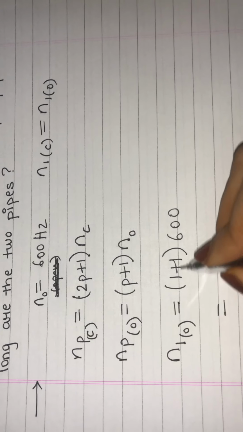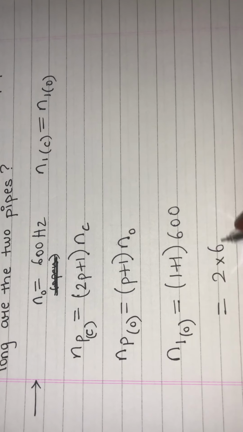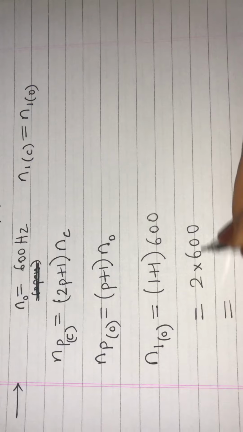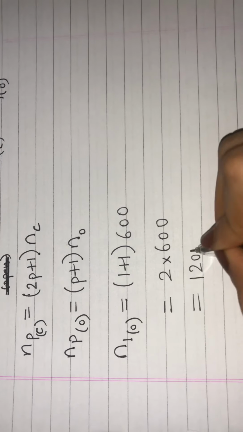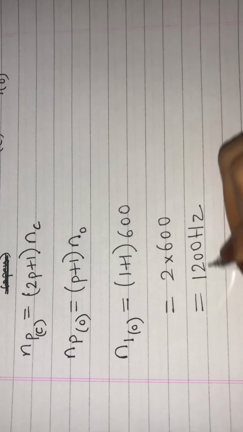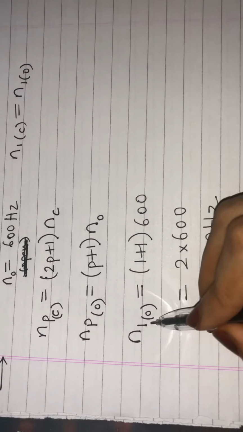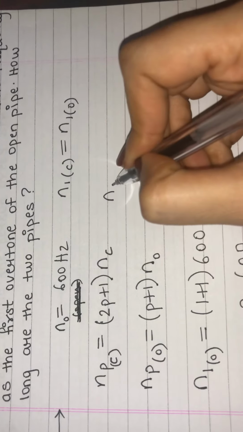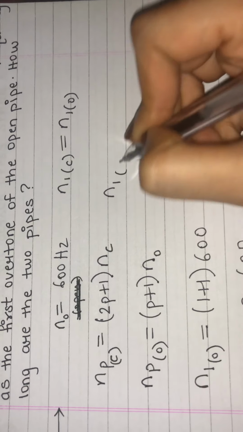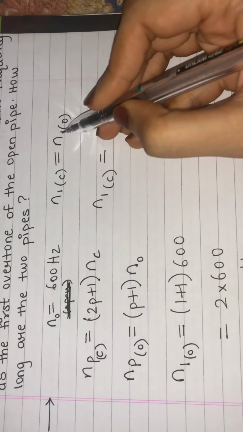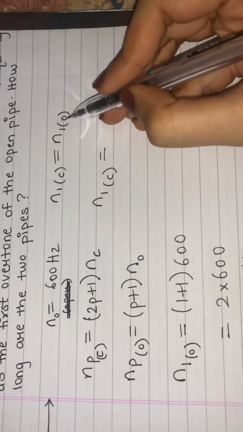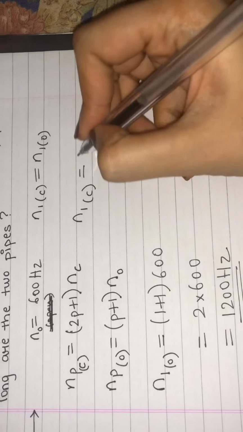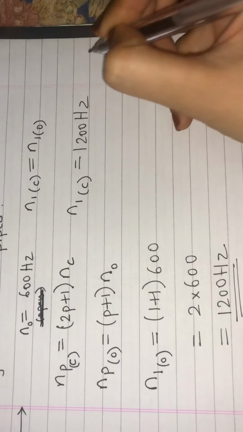So 1 plus 1 is 2 into 600, 2 sixes are 12, so that is 1200 Hertz. So here I have the frequency of the first overtone. This is equal to this, meaning the first overtone frequency of the closed pipe is equal to the frequency of the first overtone of the open pipe, which is obtained as 1200 Hertz.